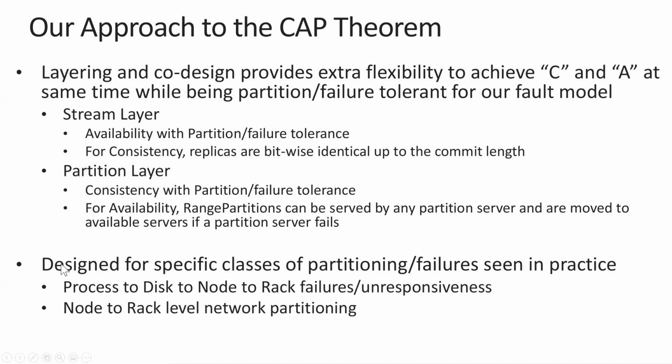So this point is mentioned here that this is designed for a specific class of partitioning failures seen in practice, which is either disk or node or rack failures, and not entire data center failures where you have to go to a different geo or different data centers.